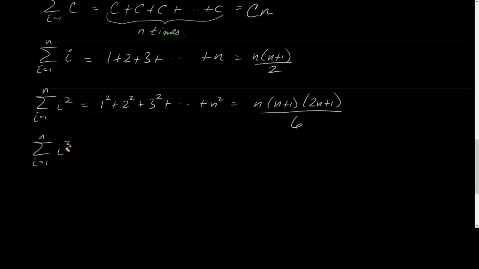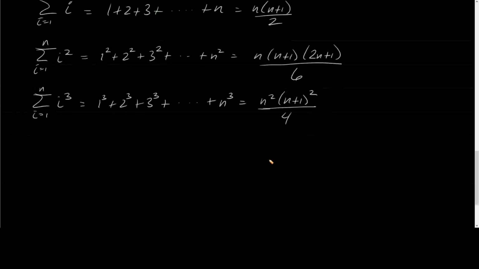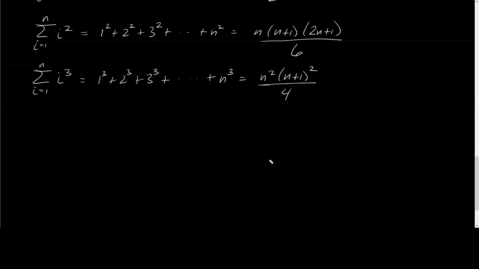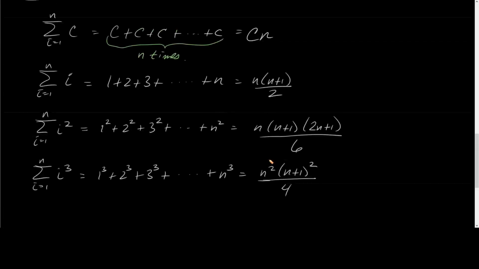The summation of i cubed. This is going to be 1 cubed plus 2 cubed plus 3 cubed, so on and so forth, up until n cubed. That's going to be n squared times n plus 1 squared all over 4. All right. So let's see what we can do here with some of these. We're going to keep all of these in mind as we go through the next couple of examples.